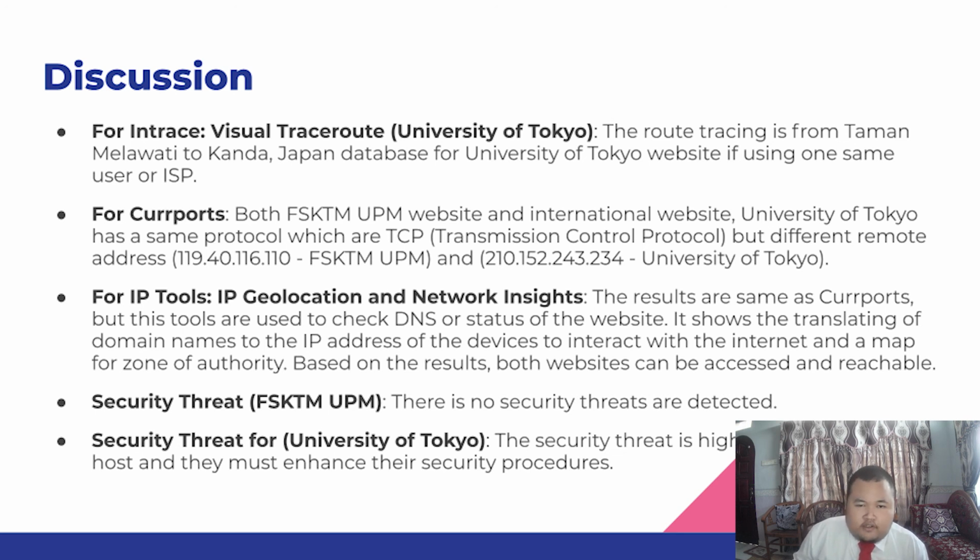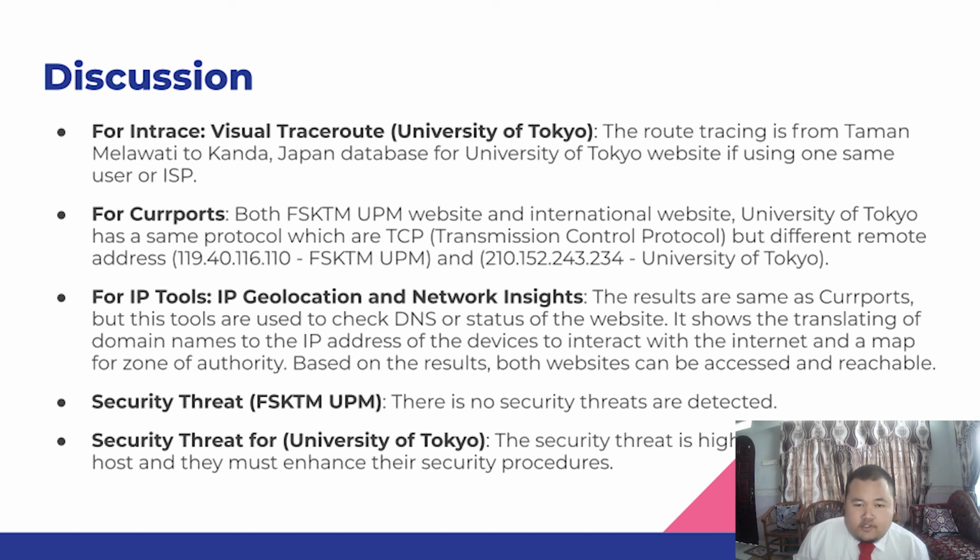Other than that, for Currports, both the FSKTM UPM website and the University of Tokyo's international website use the same TCP protocol, but with a different remote address. The address for FSKTM UPM is 119.40.116.110, while the address of the University of Tokyo is 210.152.243.234.